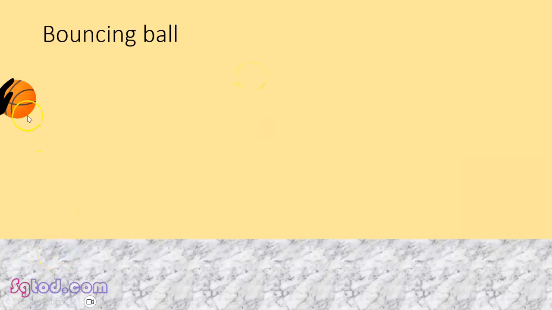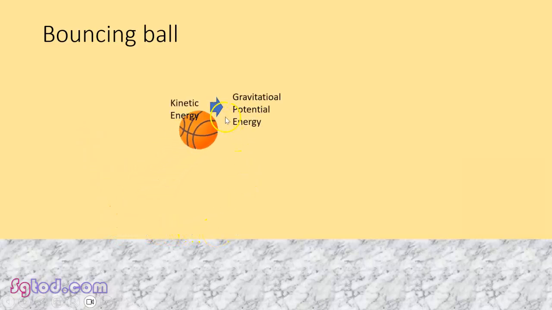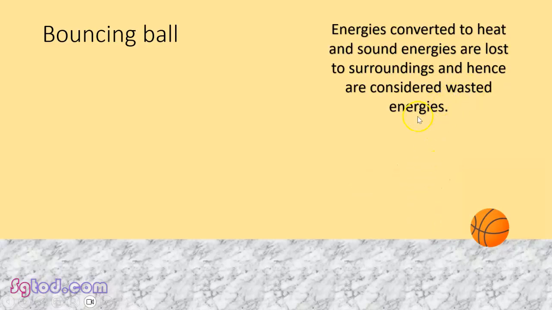So you see, only the kinetic and potential energy that are in the system produces the useful work of enabling the ball to bounce. The energy that is converted to heat and sound energy and therefore lost to the surroundings become wasted energy because they are out of the system and cannot be converted to kinetic or potential energy to enable the ball to bounce.